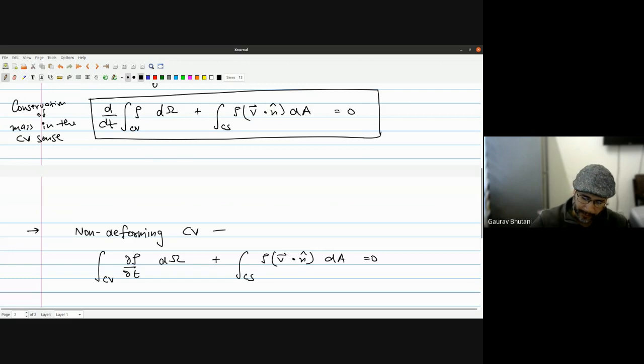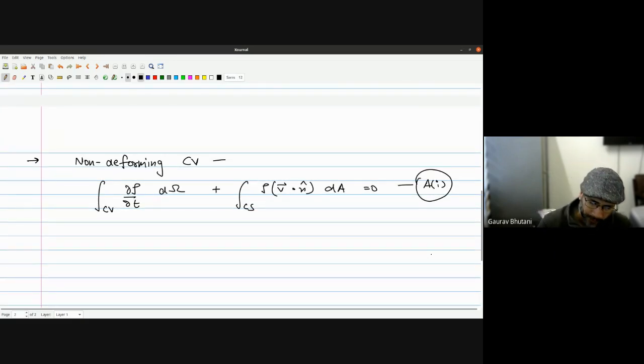Okay. So this we discussed. This can be done if your control volume is non-deforming. So I'll call this A, and this becomes A1. So we'll tend to use the A1 form in many situations when the control volume is non-deforming.